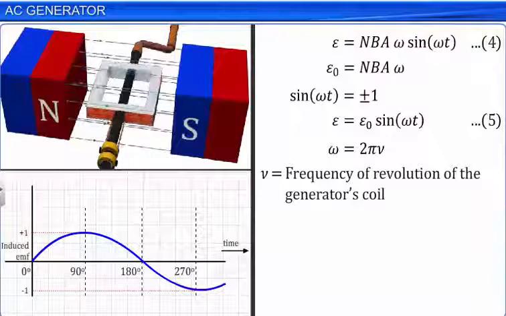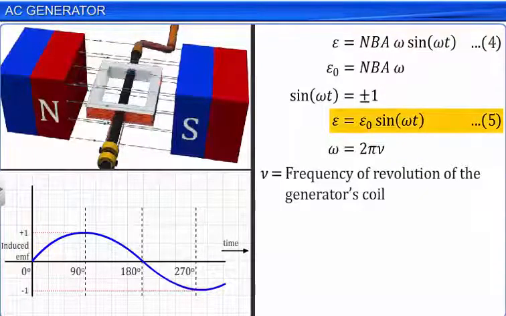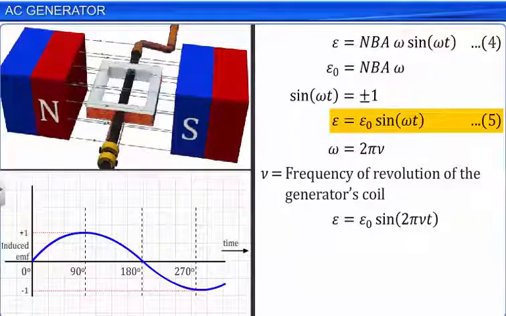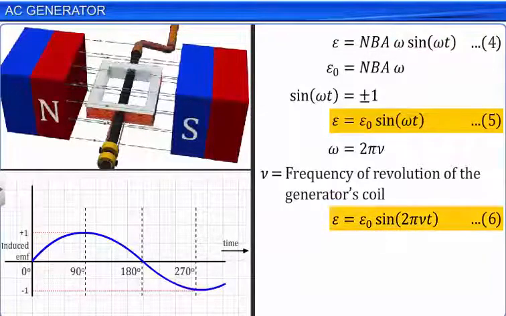Substituting the value of omega in equation 5, we get E is equal to E0 sine 2 pi nu t. Let this be equation 6. Thus, equation 6 gives the expression for the instantaneous value of the EMF.